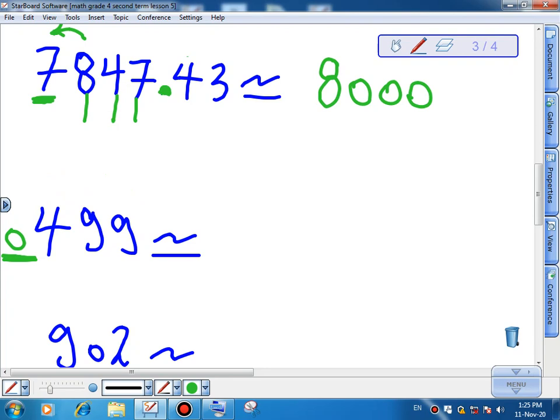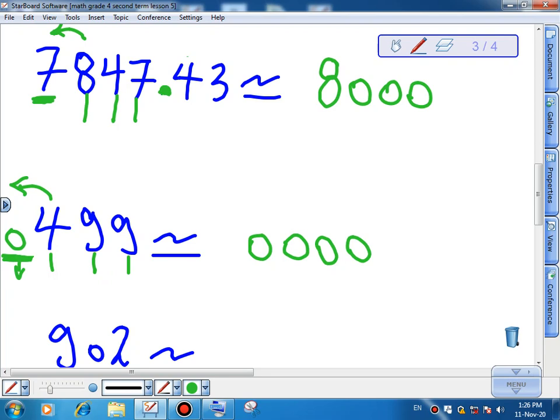The digit before the thousand place is the number 4. Is 4 a weak or a strong number? It is a weak number, so it will do nothing. So the 0 will stay 0 as it is. The 4, which is the hundreds place, and the tens place and units place will be replaced by 0.